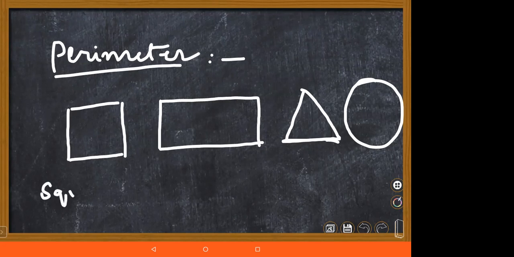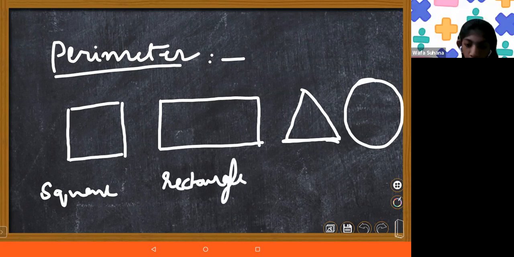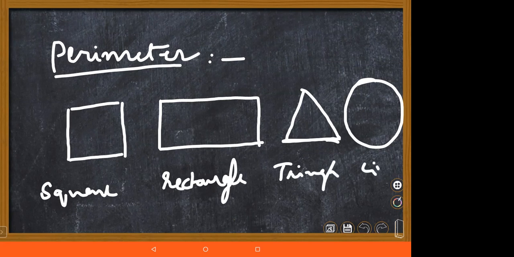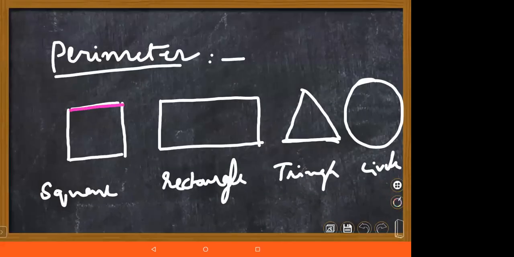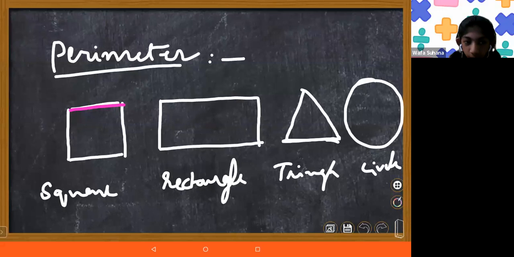It's a square, a rectangle, a triangle, and a circle. Now I want to find the boundary. Boundary is nothing but the perimeter.